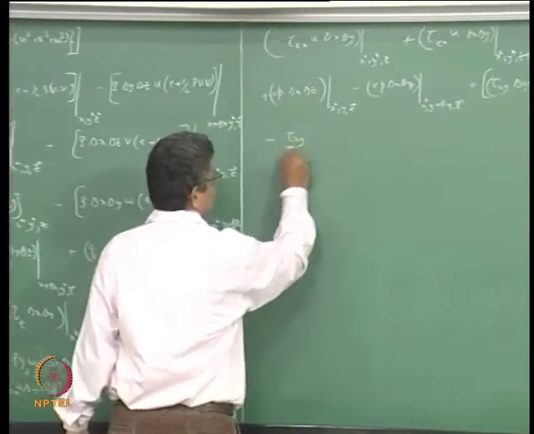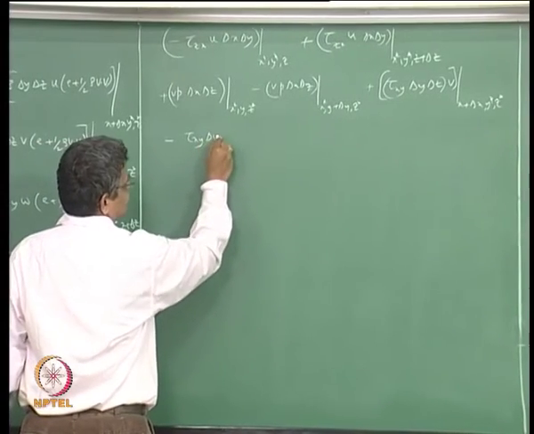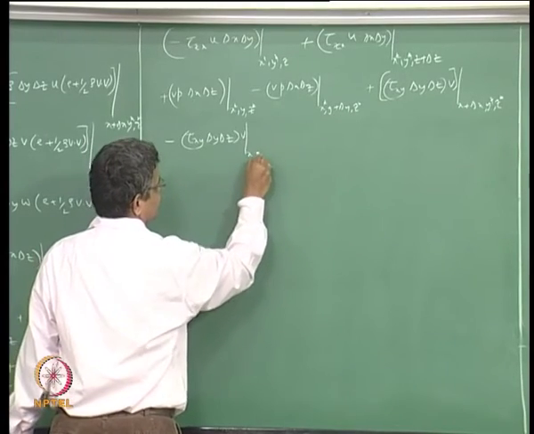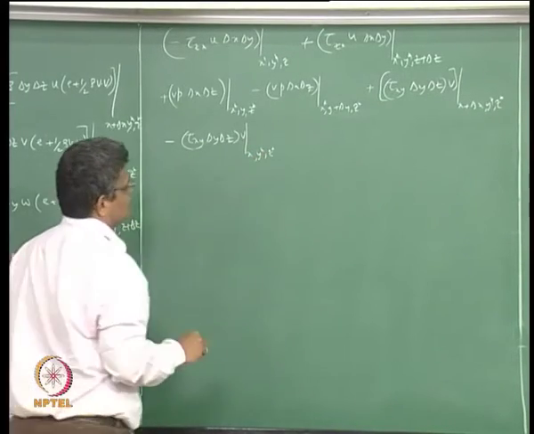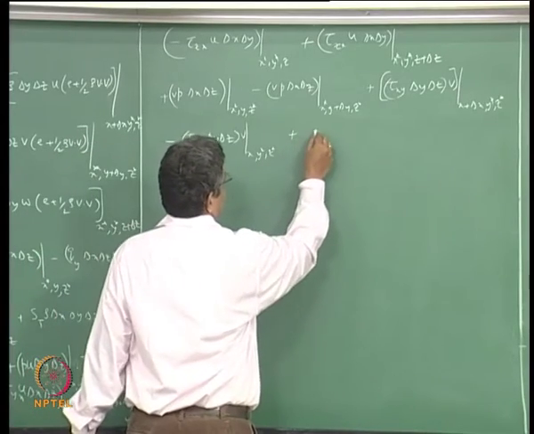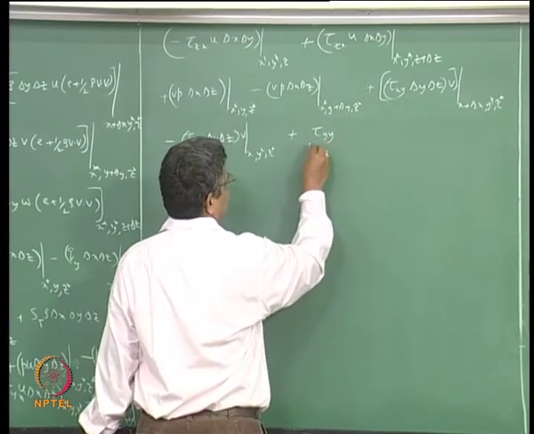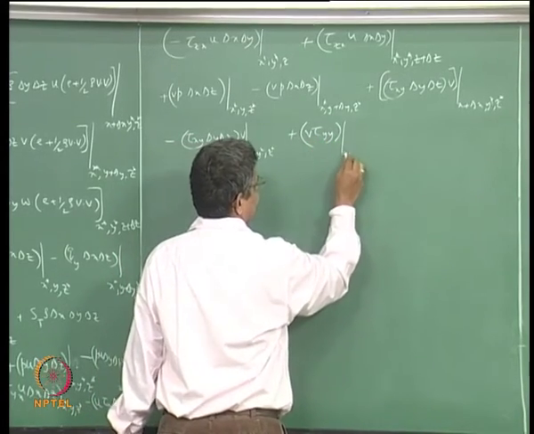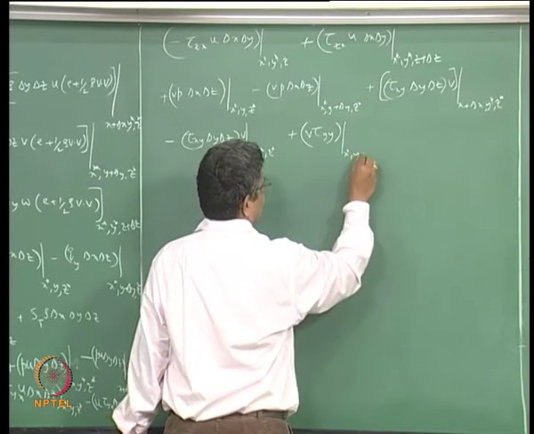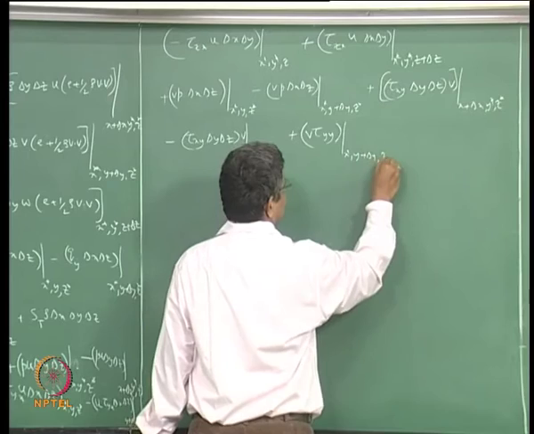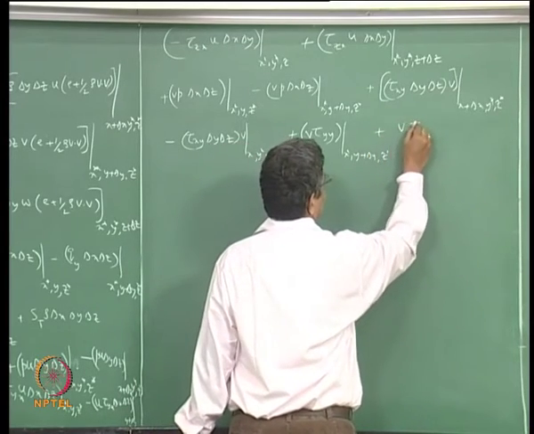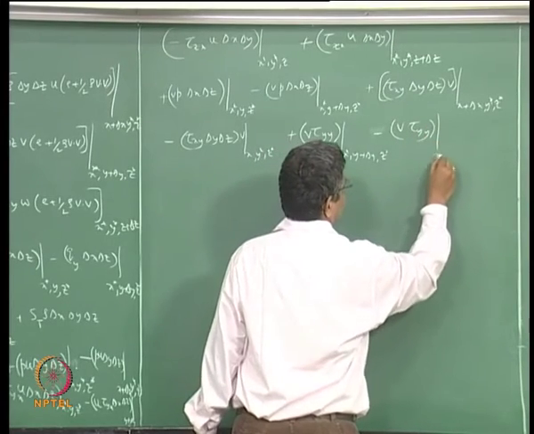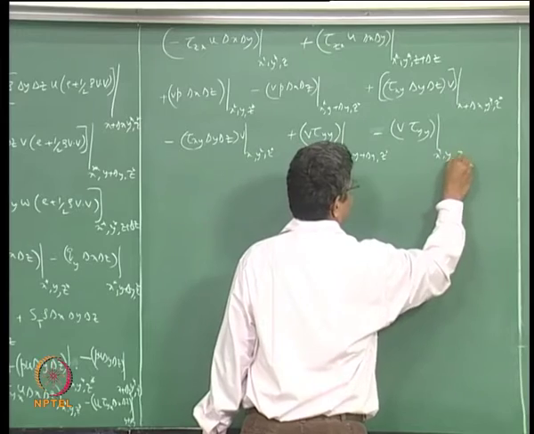So that is minus tau xy delta y delta z times v at x, y star, z star. We can go a bit faster. Now tau yy times v at x star, y plus delta y, z star, minus v tau yy at x star, y, z star.